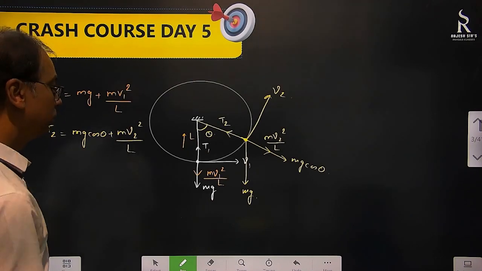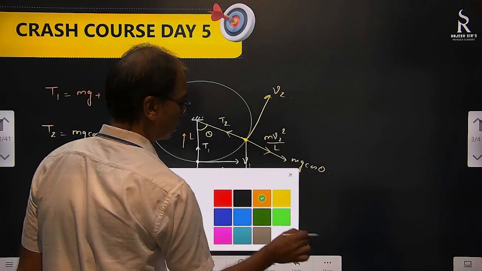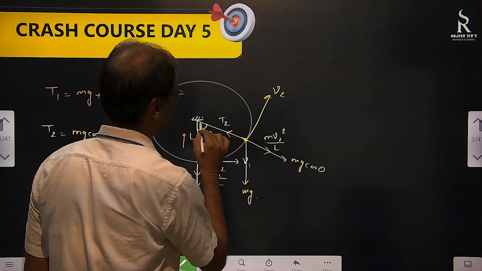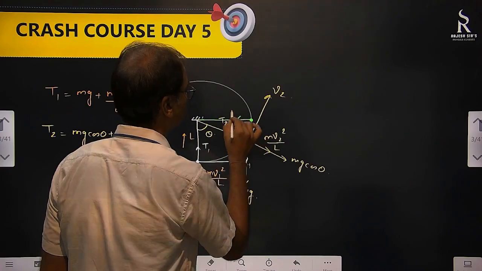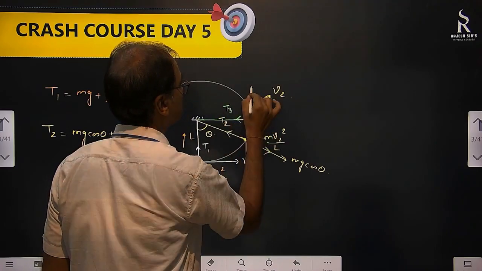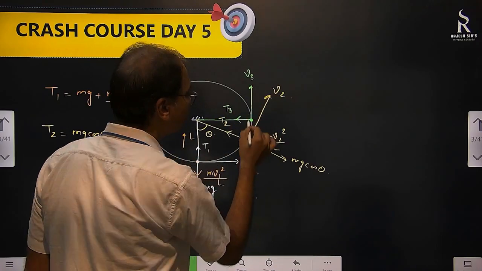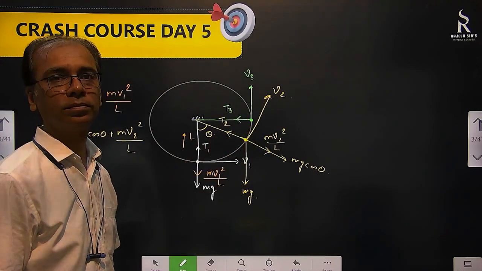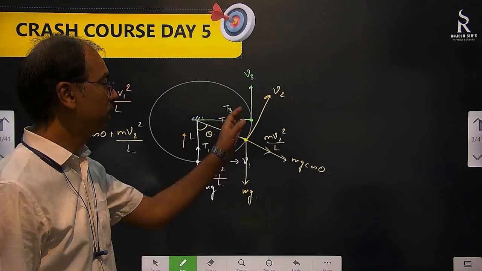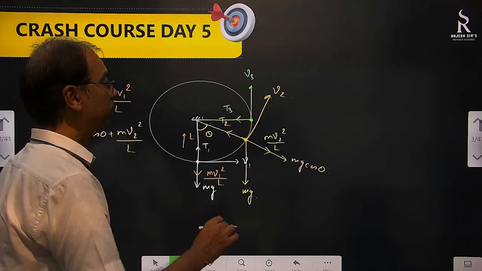Right. T3, will write T3. T3 is here. Velocity is V3. Now is mg going to act over here? No, because mg is acting downwards. Okay, that cannot give tension. So then what will be acting?